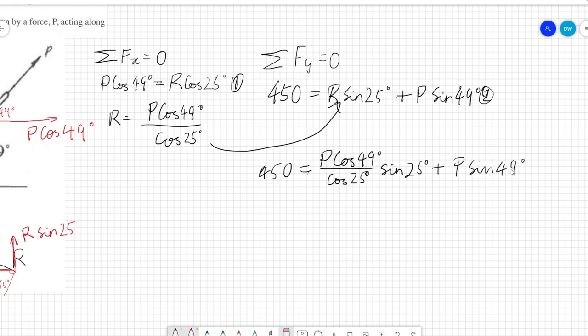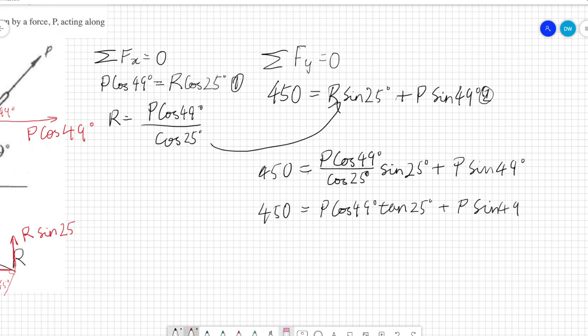Sine over cosine is tangent, so 450 equals P cosine 49 degrees tangent 25 degrees plus P sine 49.